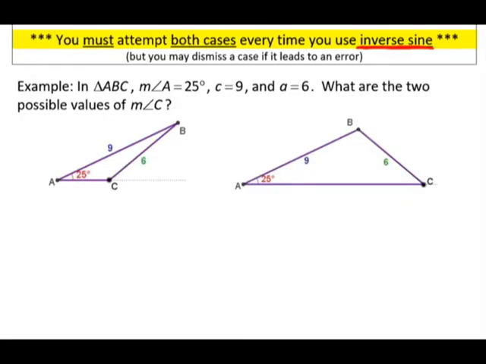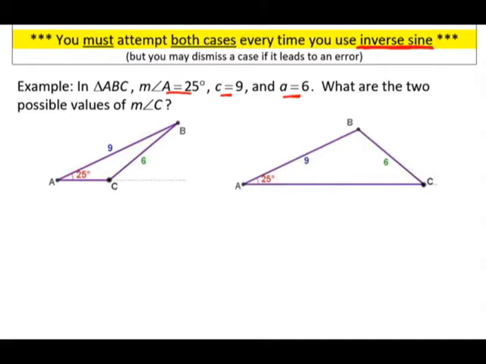Let's take a look at what this looks like geometrically. Here's a case where I have an angle, a side, and another side. The two sides do not contain the angle, so it's angle, side, side. So here's what we know. We know 25 degrees. We know that there's a side of 9, and we know that there's a side of 6.